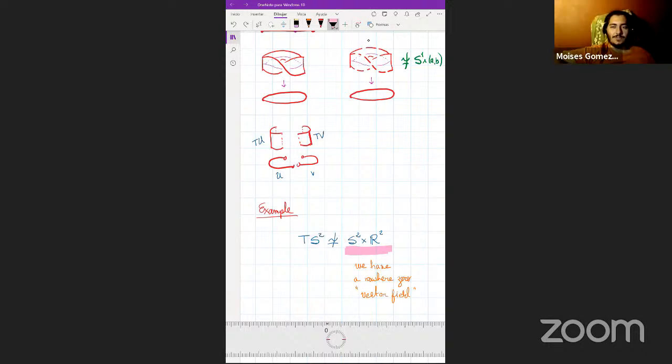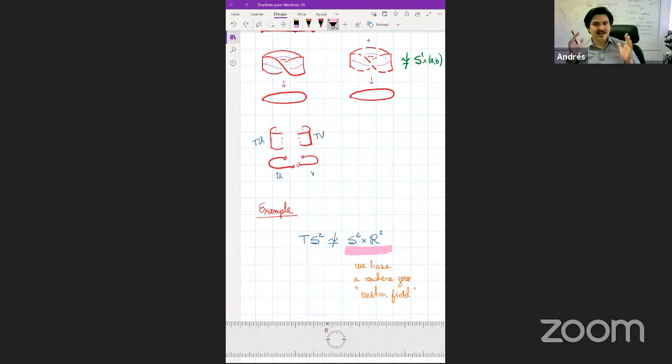The Hairy Ball theorem. Right. So now, and this one is for vector fields. If you have a vector field on the sphere, it needs to vanish at least in one point. In other words, the sphere does not admit a nowhere vanishing vector field.